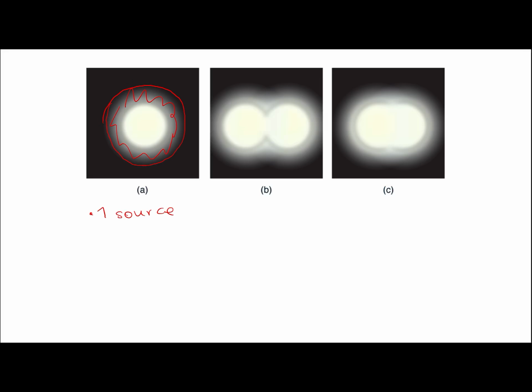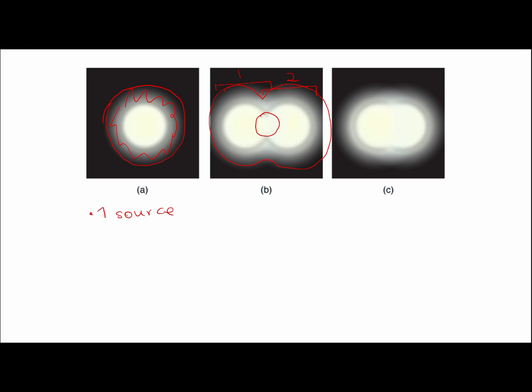Then we look at B, and you can tell there are two light sources here. We have one and two, but here you cannot tell they're apart. They look as if they were sticking together, and this is due to the diffraction right here and the distance they're apart.